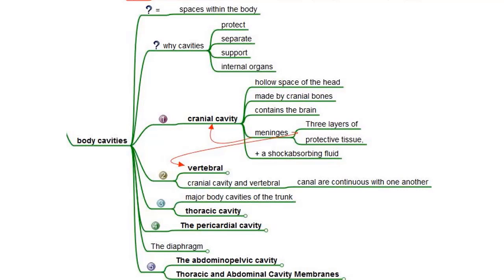The abdominopelvic cavity is including thoracic and abdominal cavity membranes. Not only that, but pericardial cavity also has a serous membrane, but the branching has stopped. I will provide you with a full mind map of all these structures.